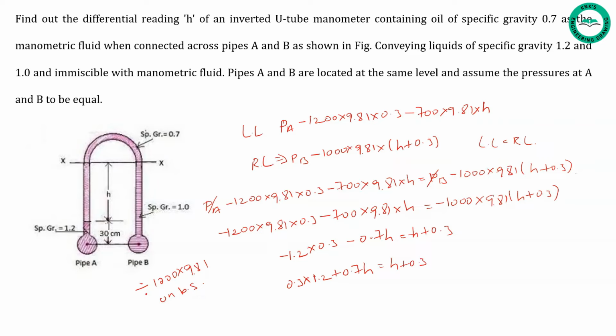So by doing the calculation, h equals (0.36 minus 0.30) divided by 0.30, which equals 0.06 divided by 0.3 meters, that is 1 by 5 meters, or it can be written as 20 centimeters.